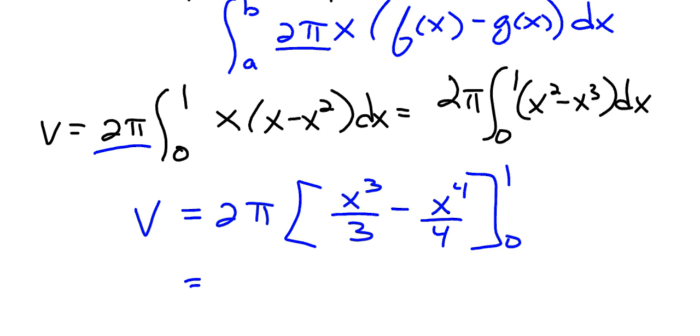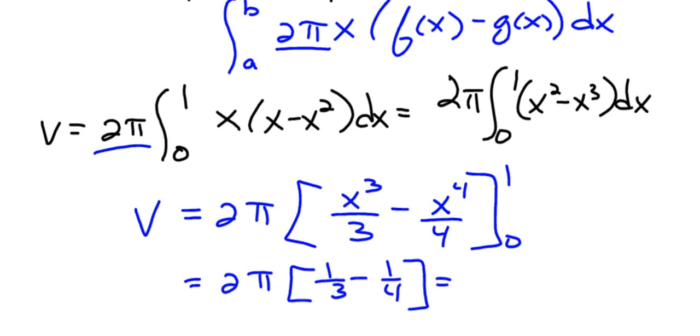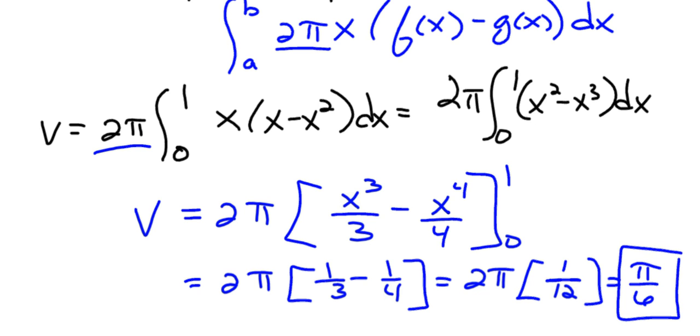Remember, when you have a 0 bound for your lower bound, that's nice because it's always going to be 0, and plugging my upper bound into this equation, I need to make a common denominator, and then I can do my subtraction so that I really end up with 1 over 12, and I get pi over 6 as my answer.